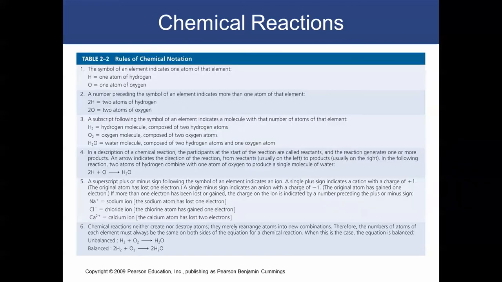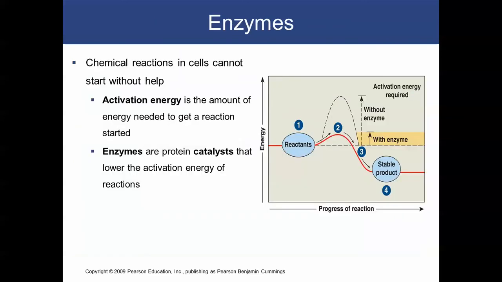So these are chemical annotations. If you have a second, you can take a look at it. But sometimes reactions need a little bit of help. Chemical reactions might occur if the two atoms or molecules are in the exact right position.